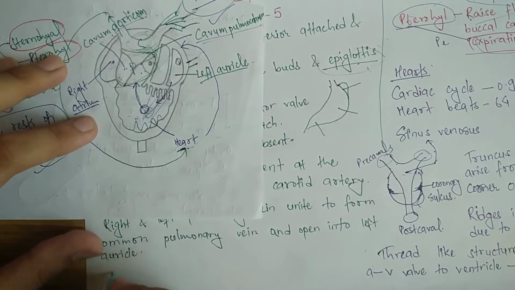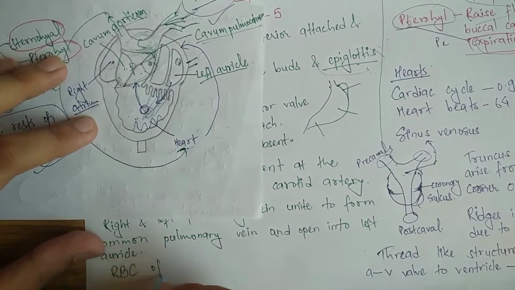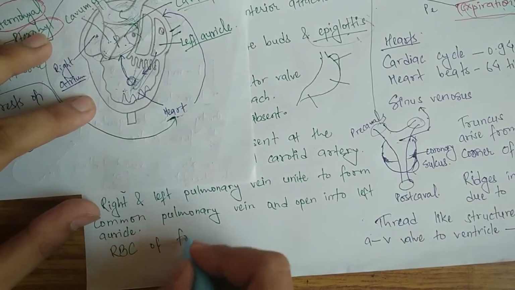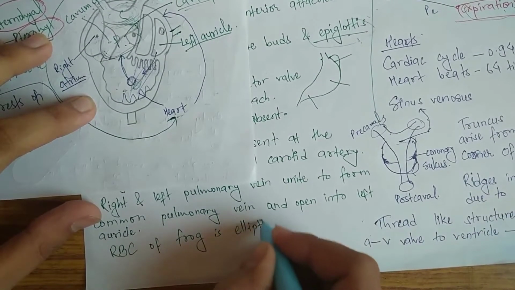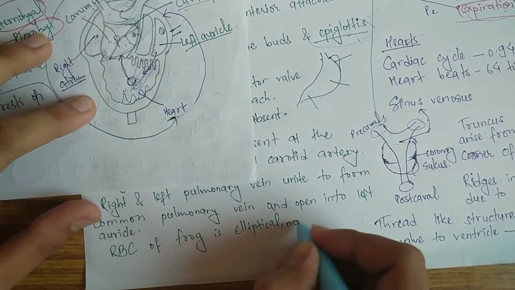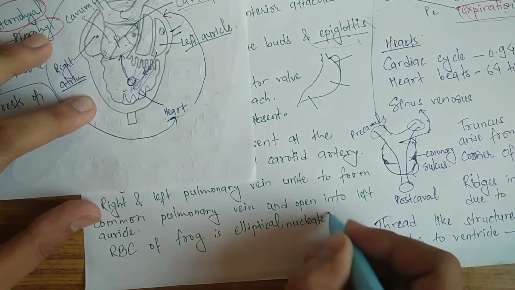So there are other things. RBC of frog is elliptical, nucleated, biconvex.